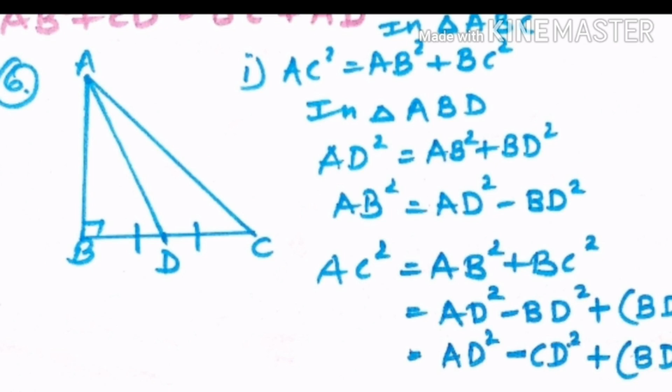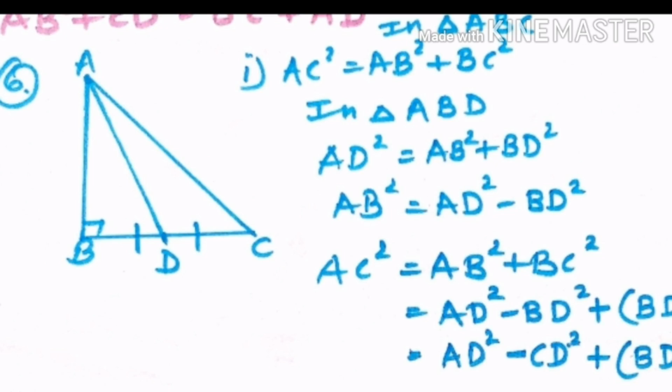plus BC square, which is BD square plus CD square plus 2 into BD into CD. Now what is BC? Total BC is BD plus CD. So we have to write in the bracket of BC, instead of BC, BD plus CD, and then we are taking the square of it using A plus B whole square.